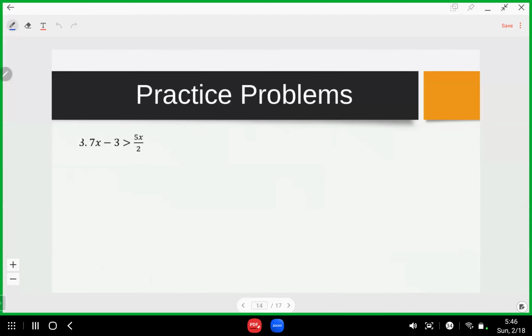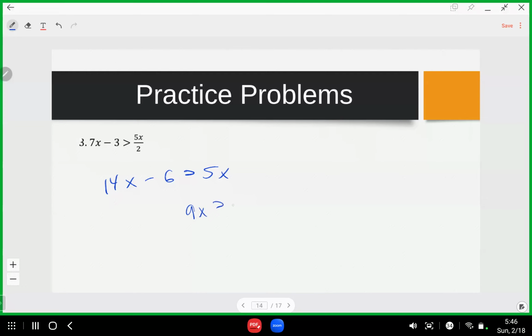So first I multiplied both sides by 2. So I got 14x minus 6 is greater than 5x. Very good. And then after that, I subtracted 5x from both sides and added 6 to both sides.